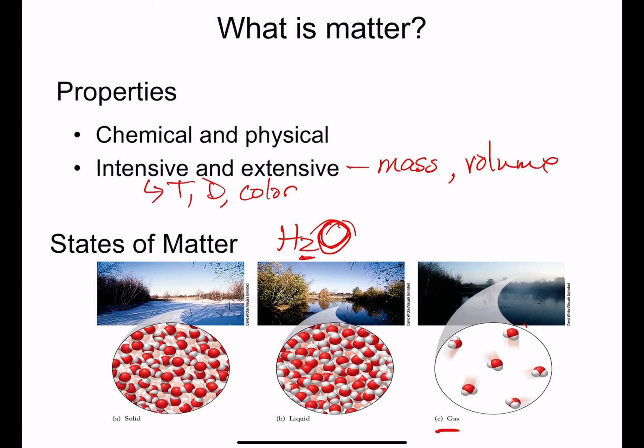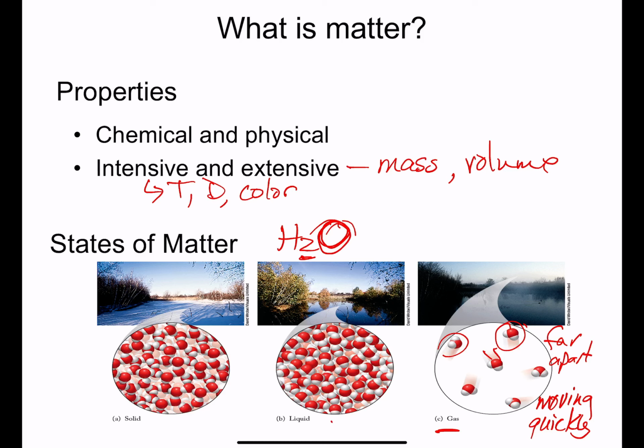So note that, so we've got this fog over the lake, and we see that in the gas phase, the water molecules themselves are far apart. They are also moving quickly, so these are little zoom lines here. So that is what distinguishes that state of being a gas.